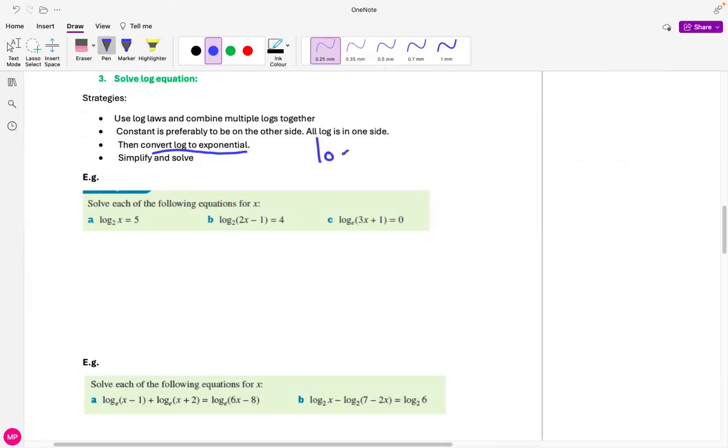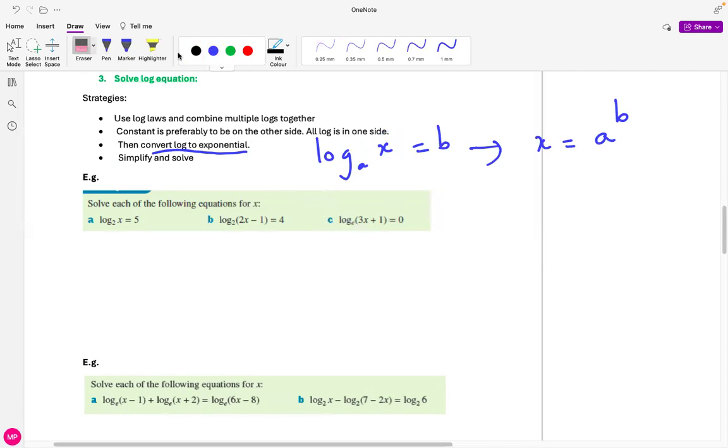If we have log a of x equals b, and we want to solve for x, you need to carry a block, and to carry a block, you exponentiate. So you put a as a power on each side. So a to the power log a will go away. So you would end up having x equals a to the power b. That's the formula.